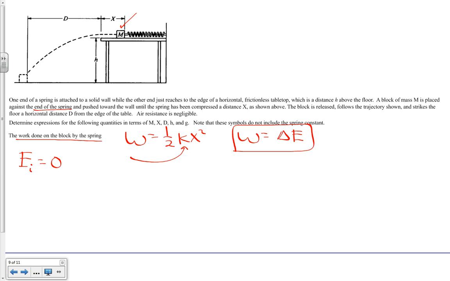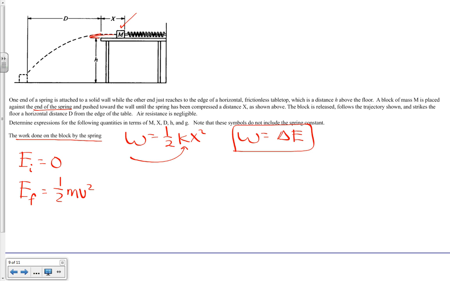Now the spring got some energy when I compressed the spring, but as far as the block is concerned, the block started with 0 energy. Well, how much energy did the block finish with? Did it have 0 at the end as well? No, it gains some energy. It's moving after it gets released from the spring. That's how fast it's moving.